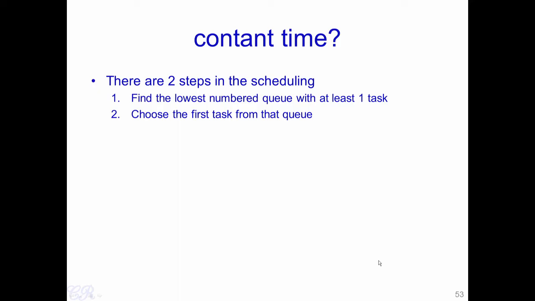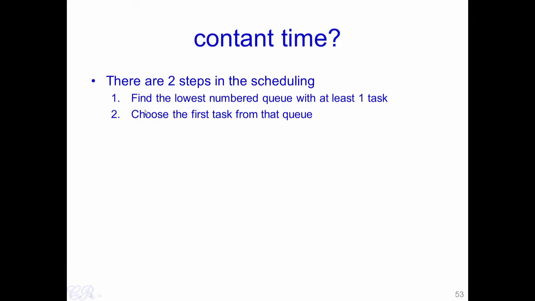Recall that we call this particular scheduler an O(1) scheduler. Essentially, this means it is a constant time scheduler irrespective of the number of processes present in the ready queues. Now, let us analyze how this is constant time. If we recall, there are two steps involved in scheduling a process.